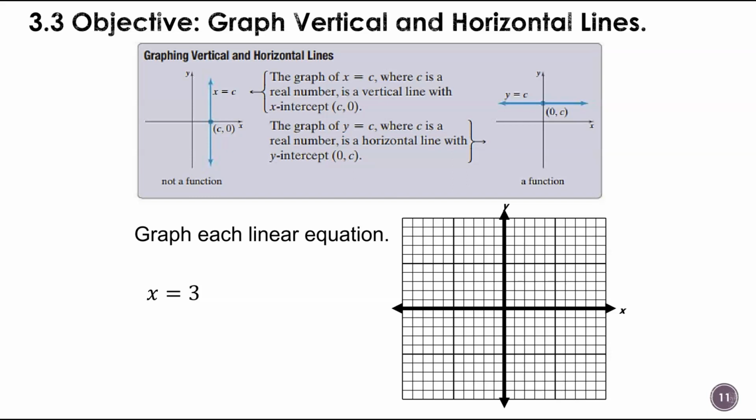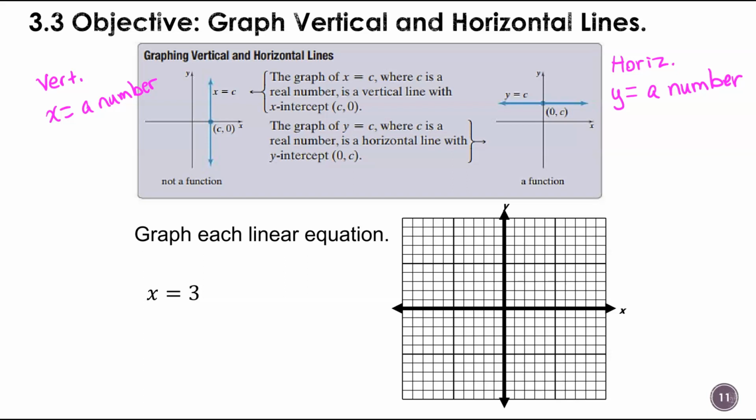Notice it says x equals c is the equation of a vertical line, and that's not a function, and y equals c is the equation of a horizontal line. I also say y equals a number, that's the c, and that's my horizontal. My vertical is x equals a number.